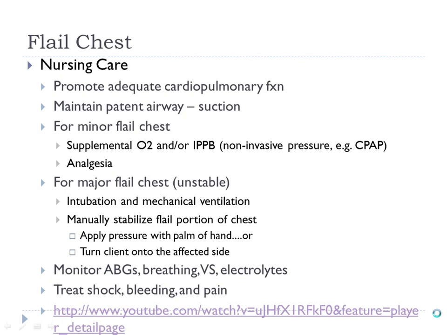So maybe a binder or something like that, acutely, or your hand, to stabilize the portion of the chest that is having the problem. Monitor ABGs, breathing, and vital signs. The patient may have bleeding because of all these broken ribs. There are lots of vessels in the chest, so bleeding can occur because that bone is moving around and can compromise some vessels.